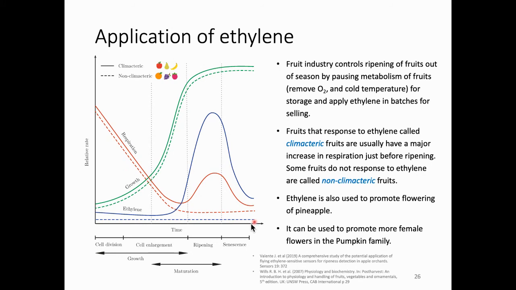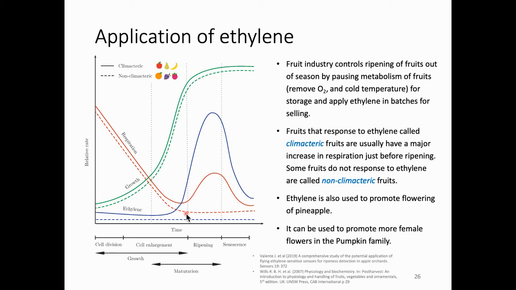So the fruit will not have as much respiration, and the plants will not produce much ethylene. Once they are ready to sell that stock fruit, they will apply ethylene gas so the fruit will ripen. This can easily be applied to bananas, for example.